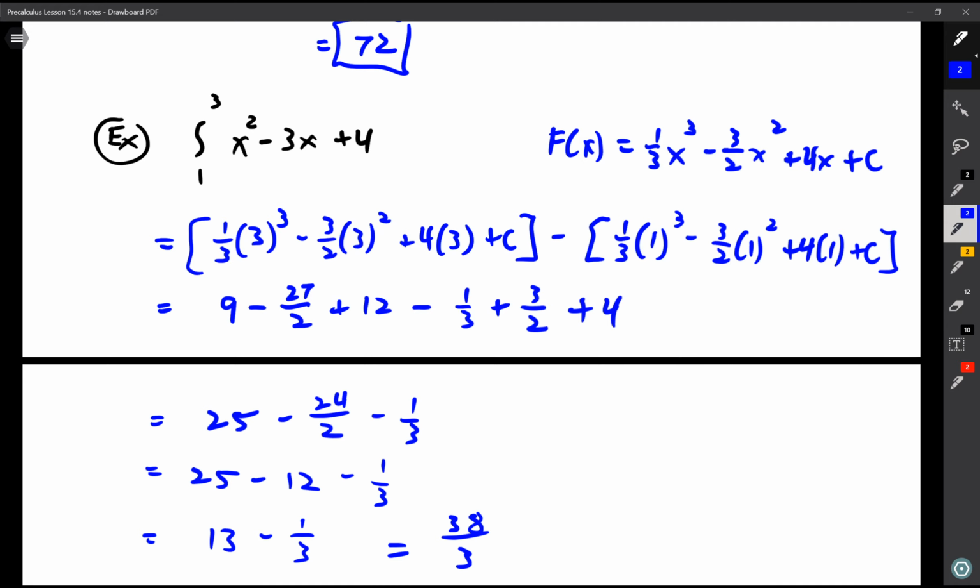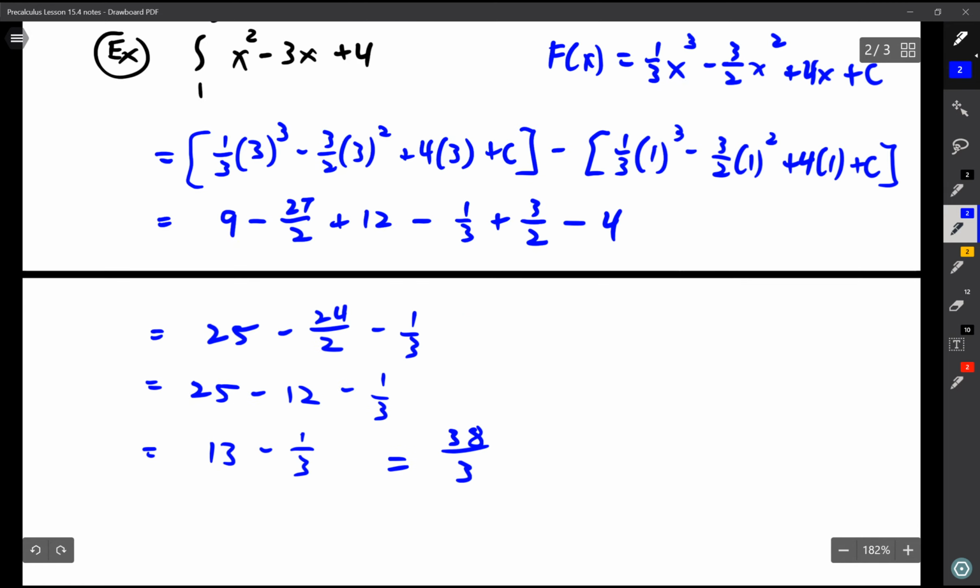So 4 times 3 is 12, minus 1/3 minus a negative 3/2, minus 4. There we go. That's my mistake. Minus 4. So that would make this 17.